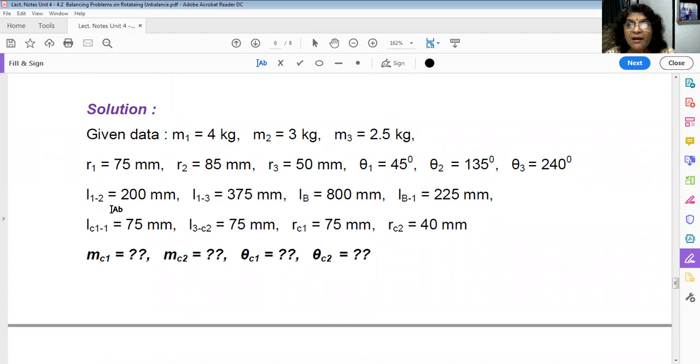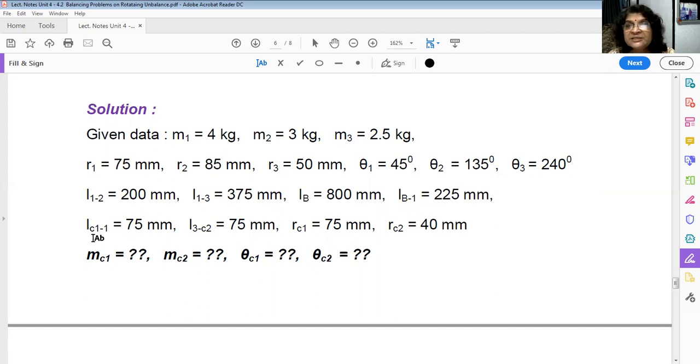Then you can say the linear distances are given. That means along the length of the shaft. Distance between planes of mass 1 and 2 is 200 mm. Distance between mass 1 and 3 is 375 mm. Then the distance between the bearings is 800 mm. Then the distance from the bearing to the first mass is 225 mm.